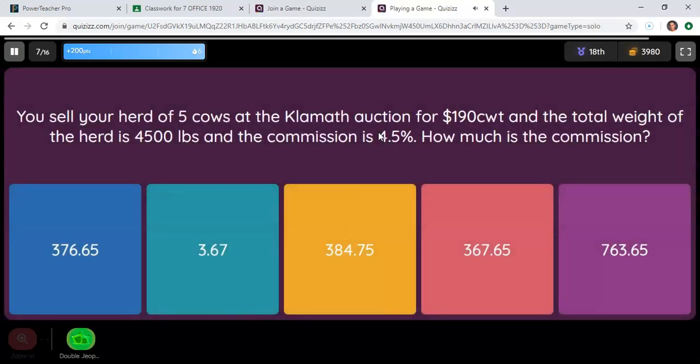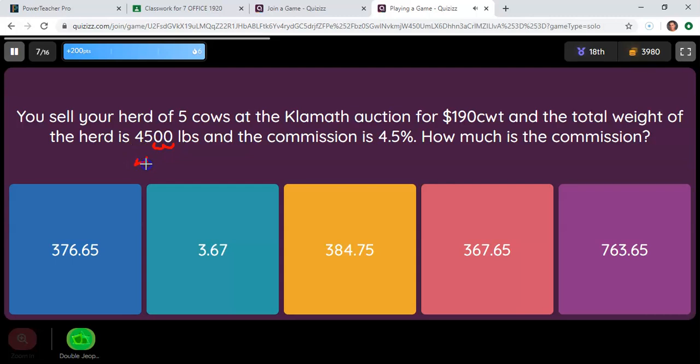You sell your herd of cows at the Klamath auction, $190 CWT. The total weight is 4,500 pounds. Commission is 4.5%. How much is the commission? Okay, so let's go through this one. First of all, we need to know how many CWT we're dealing with. We've done that a few times already. Because we know it's per hundredweight, we just move that decimal place 2 places over.